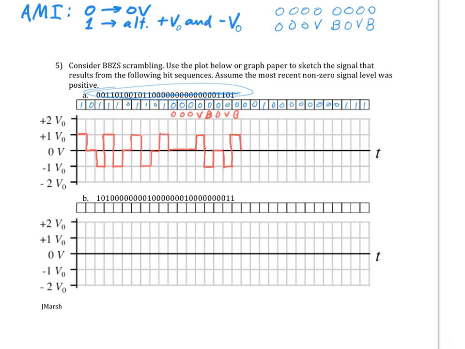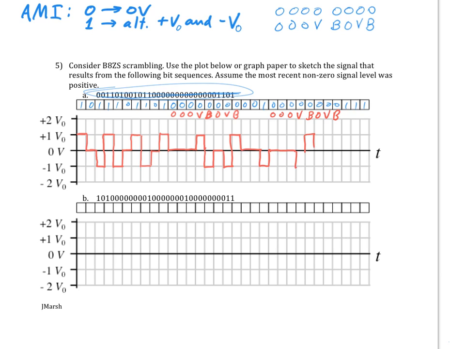I happen to have some more zeros, but they're just normal zeros going at 0 volts. Now we have a 1. This one's going to be a normal bipolar transition, so since the last one was up, we go down. And then I have 8 more zeros in a row, so I'm going to go 0, 0, 0, V, B, 0, V, B. And 3 zeros in a row, and then a violation, then a normal bipolar.